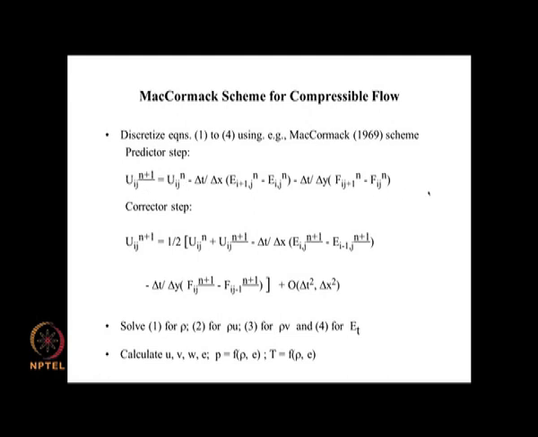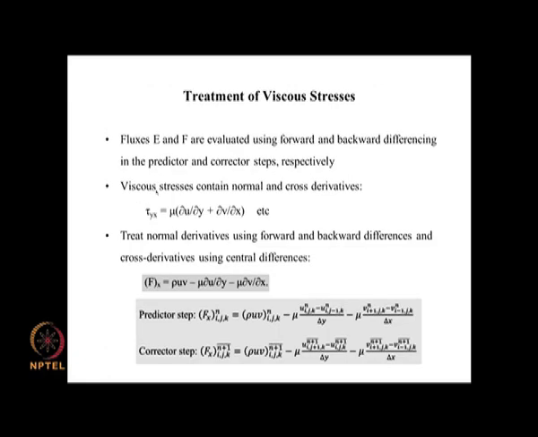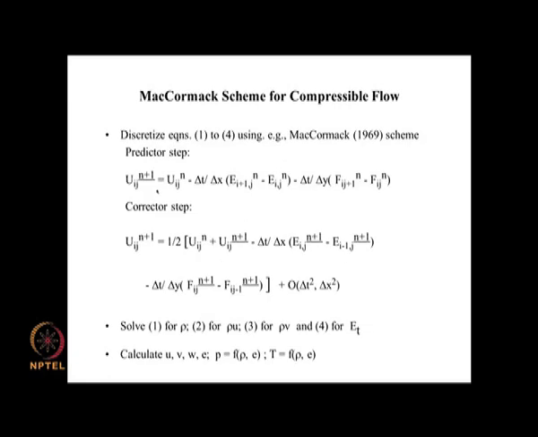Because it is a two dimensional thing, we have to now put it as u_ij^(n+1 bar) is u_ij^n minus delta T by delta x and (e_(i+1,j)^n minus e_(i-1,j)^n) divided by delta x, and (f_(i,j+1) minus f_ij) divided by delta y.